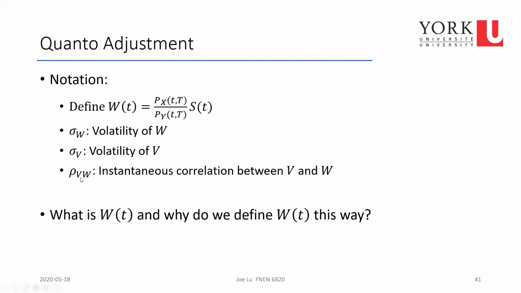Now you have an instantaneous correlation between V and W that you defined here, and that correlation coefficient is this rho here. Now, if you define W this way, what is W?